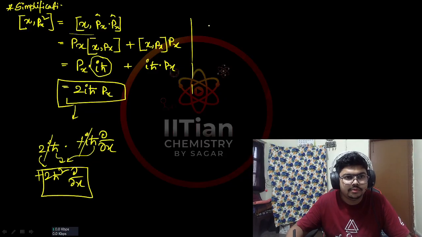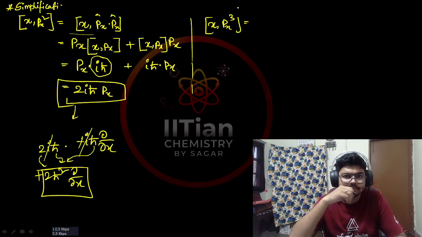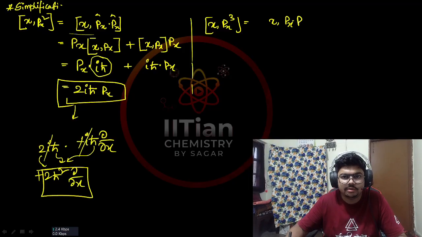Now if we put x comma px cube, that was the last question. If you want to solve this, then you will write like this: x comma px dot px, and I have already shown you how to write. First write this two, then this two, then this two, right?